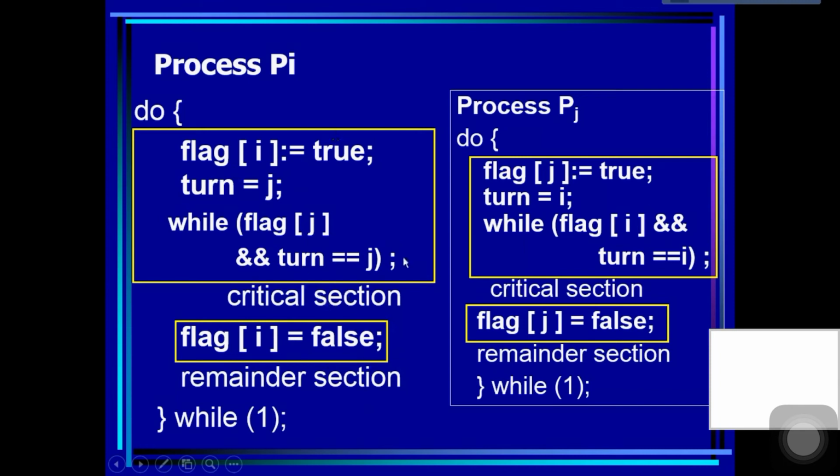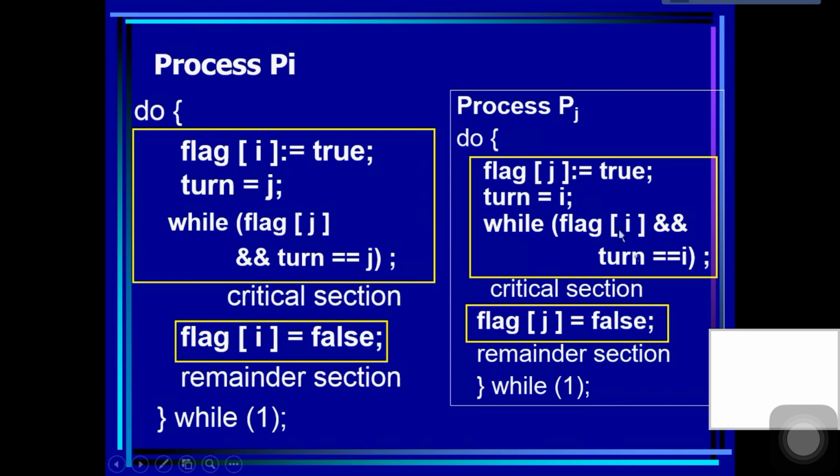So if both processes try to enter the critical section at the same time, then turn will be set to both i and j at roughly the same time, but only one of these assignments will last.